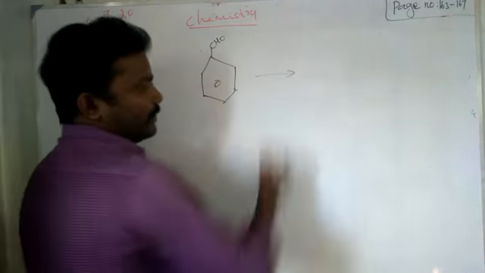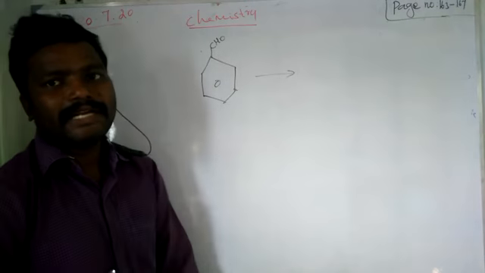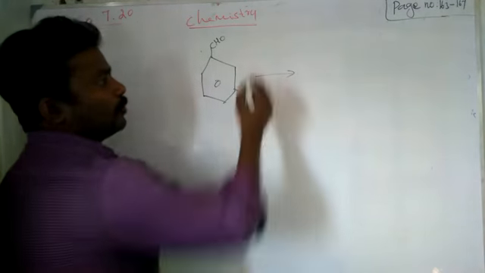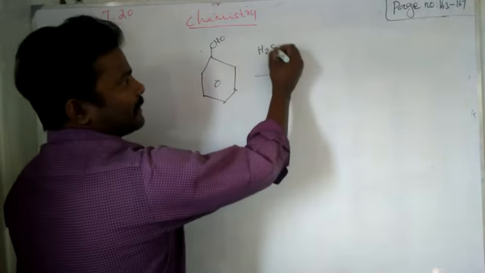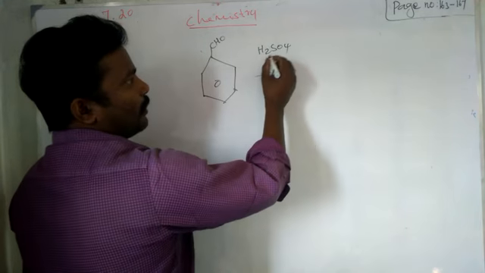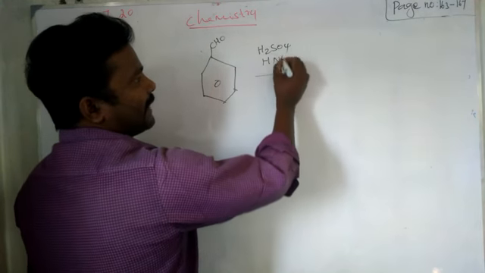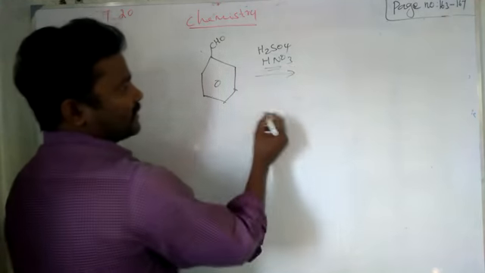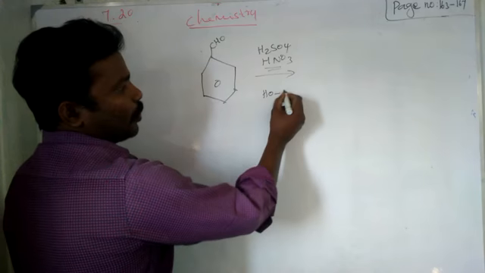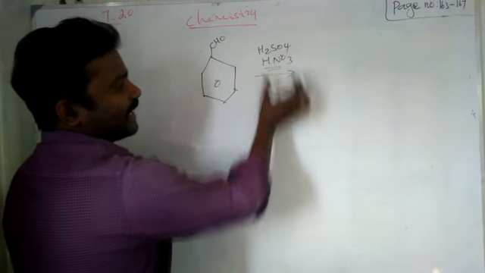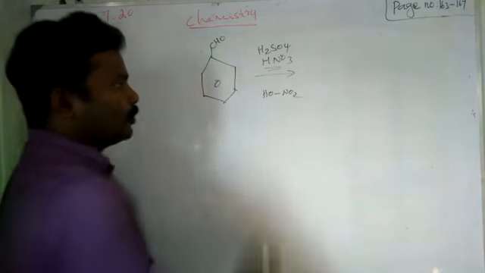We are going to take nitration. Nitration means addition of an NO2 group. For that we have to take the catalyst concentrated H2SO4 as well as nitric acid. Nitric acid you can write as HONO2.